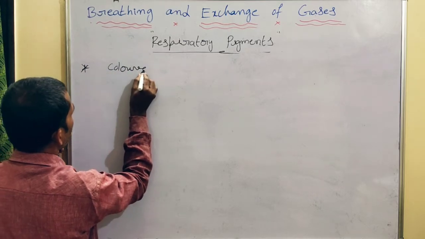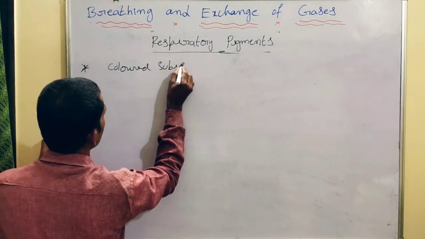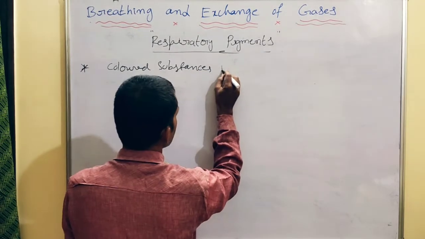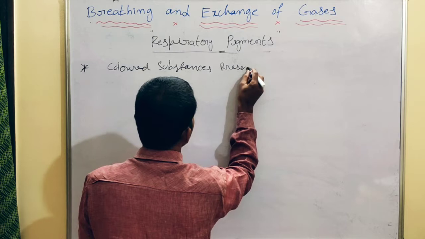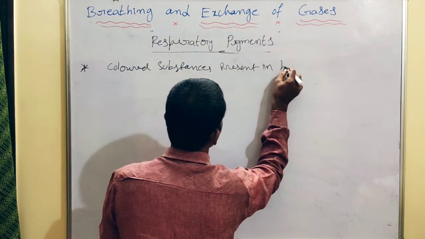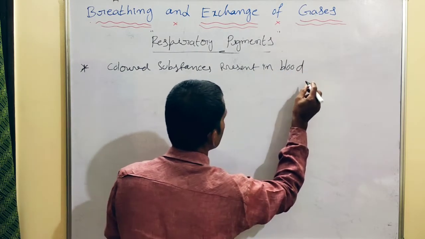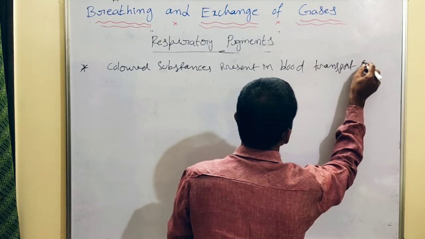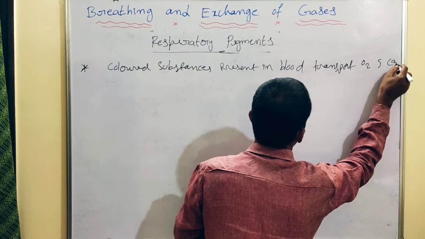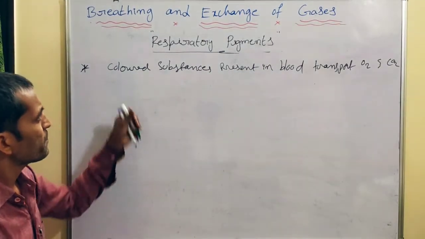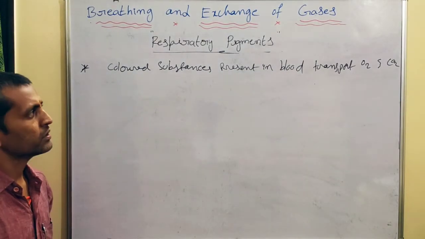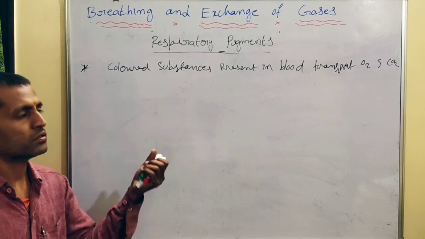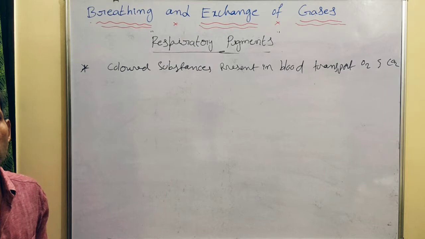Colored substances present in blood that transport oxygen and carbon dioxide. They are the coloring substances present in the blood of the organisms. Their main role is transportation of oxygen and carbon dioxide.